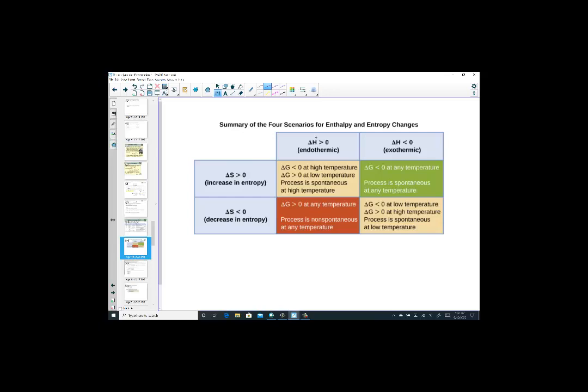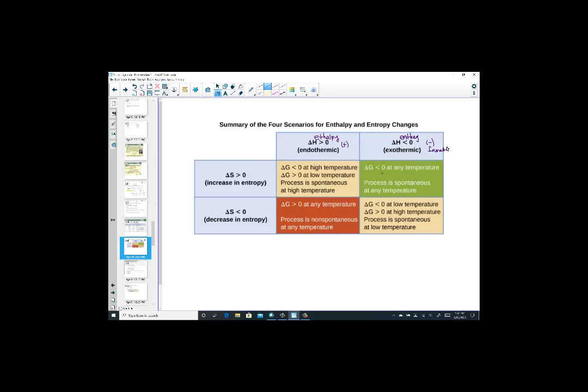Up on the top, we talked about enthalpy. If enthalpy is endothermic, we know that delta H is positive. And if enthalpy is exothermic, we know that delta H is negative. Of course, this is the favorable condition.